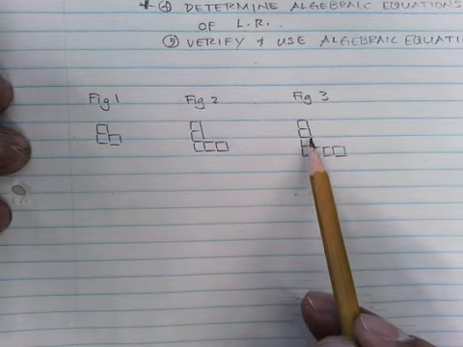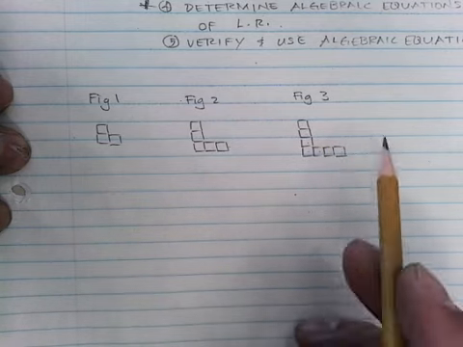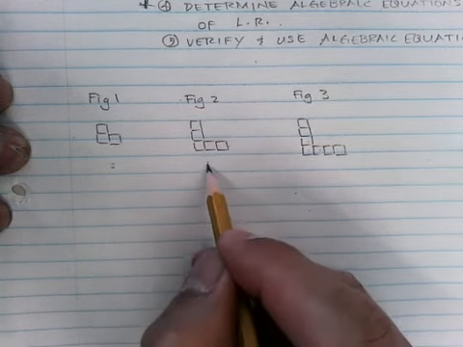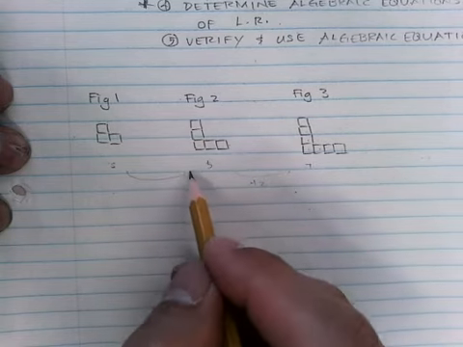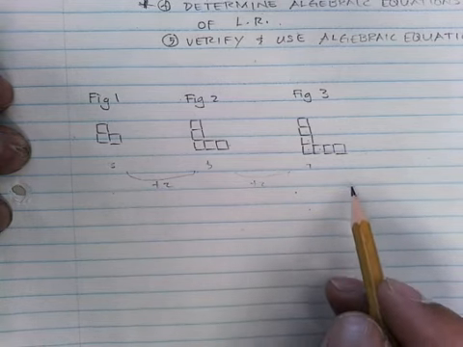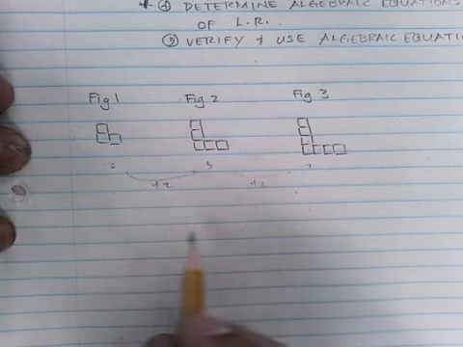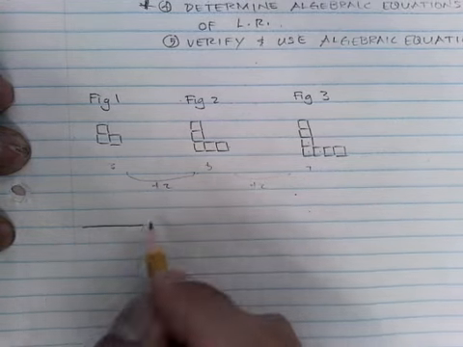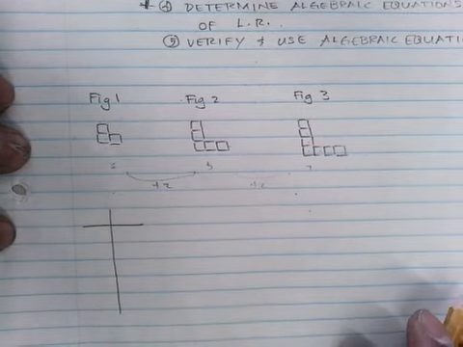So let's see, 1, 2, 3, 4, 5, 6, 7. 3 to 5 to 7. That definitely is a constant increase of 2. So this is definitely a linear pattern. And when you get a linear pattern like this, our next step could be to make a data table for it.